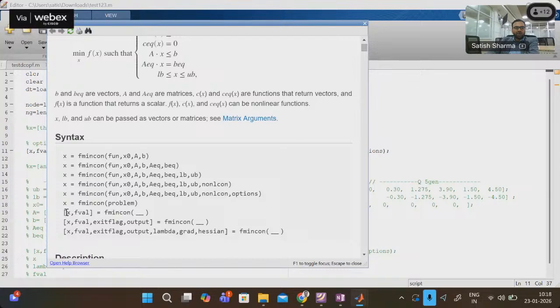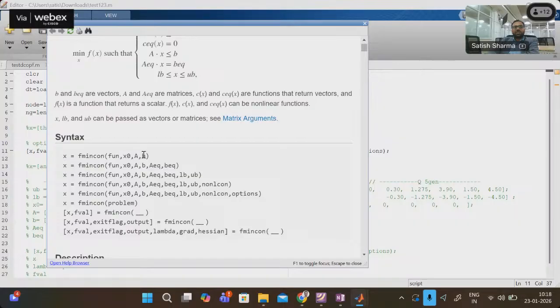The different outputs are x, our optimal solution, and the function value. Then we have the exit flag and output, and lambda, gradient and Hessian can also be obtained as outputs. The input is the nonlinear function first of all, then the initial condition.